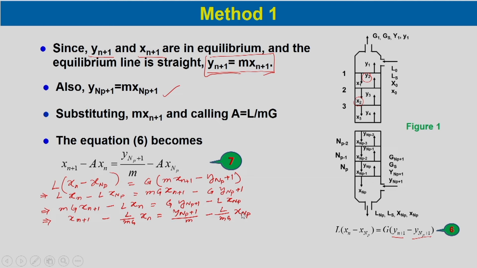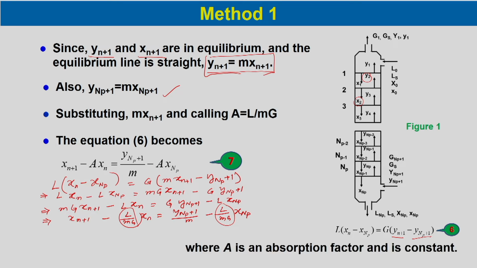Hence we can write x n plus 1, and this term will be A, the absorption factor, and this is also the absorption factor. So, we can obtain equation 7, where A is the absorption factor and is a constant.